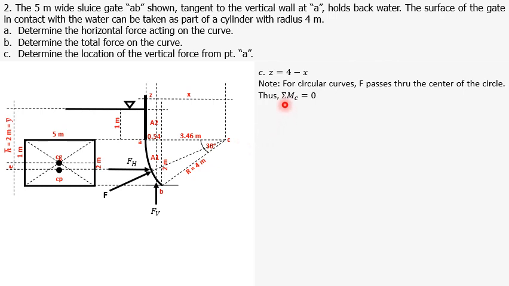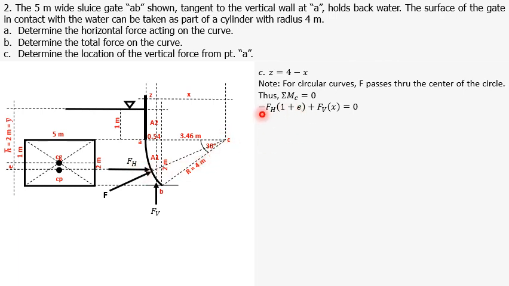So if we take summation of moment C equal to 0, we have the summation of moment of the components FH and FV. For FH, it tends to rotate counterclockwise about point C. So having our notation counterclockwise moment negative and clockwise moment positive, this is a negative moment.